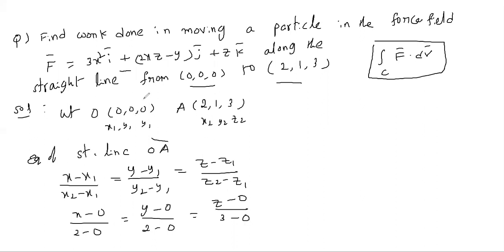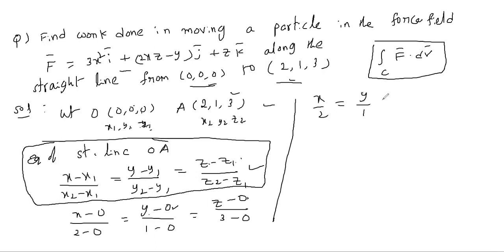So x by 2 is equal to y by 1 is equal to z by 3. Now you assume this value as some t.